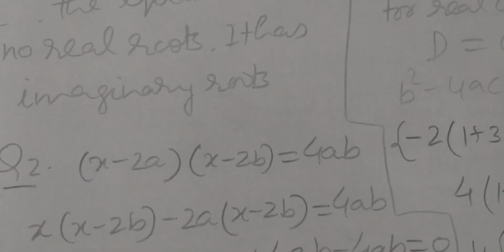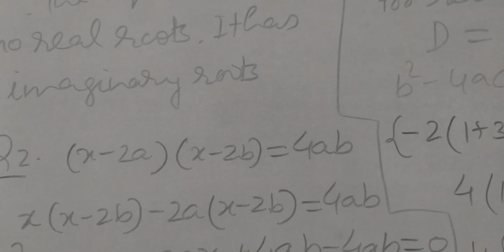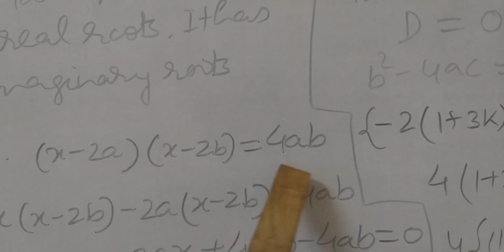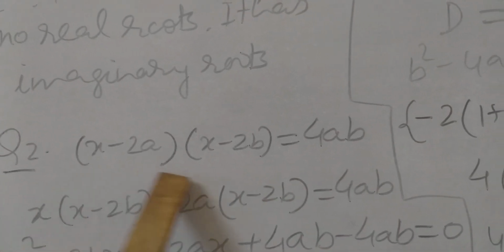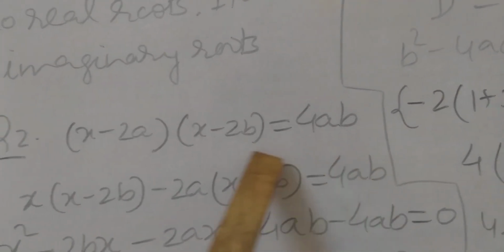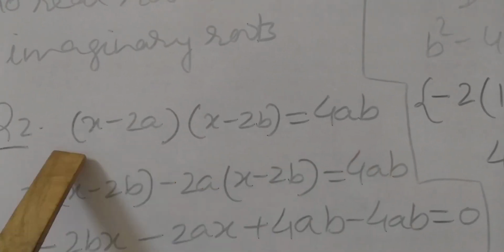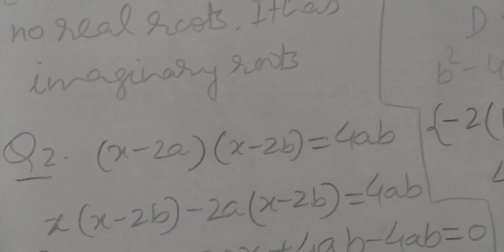Now, students, let us take one more question. (x minus 2a)(x minus 2b) equal to 4ab. We have to find the nature of its roots. So first of all, the equation is not in quadratic form.